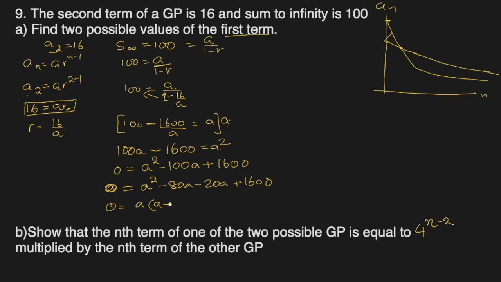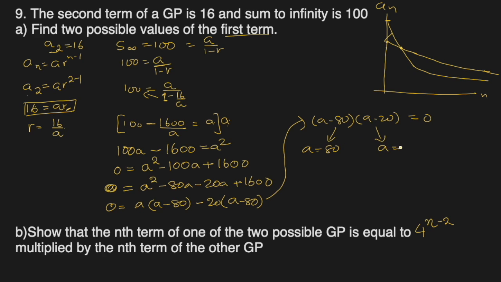A taken common from this, so A minus 80, minus 20 taken common from this, A minus 80. And both of them have A minus 80, so A minus 80, A minus 20 left equal to 0. So this gives us answer A equal to 80 and A equal to 20.